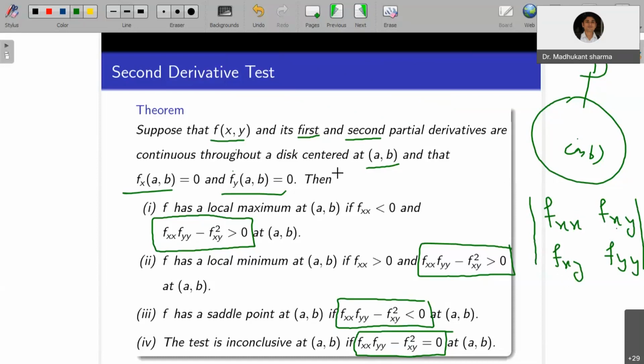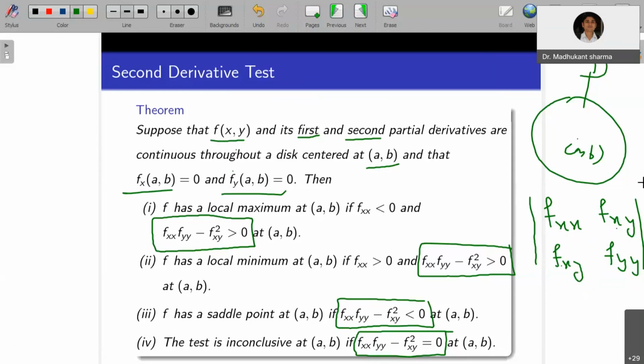Why? Because here the second partial derivatives are continuous, so the mixed derivative theorem tells you that fxy and fyx are the same. So we are not worried about the order in which you find the partial derivatives of f, first with respect to x then y, or first with respect to y then x, because the mixed derivative theorem guarantees that fxy and fyx will be the same.